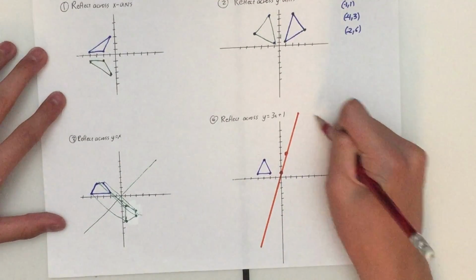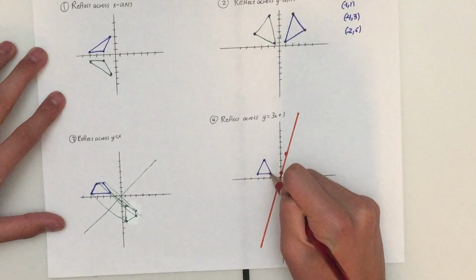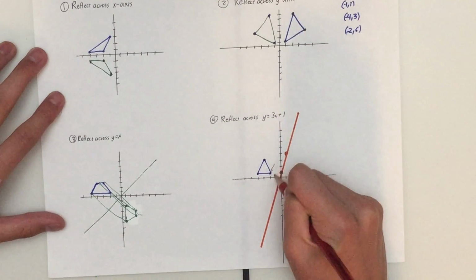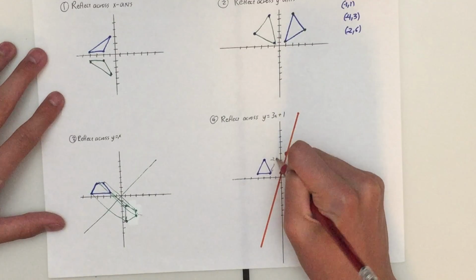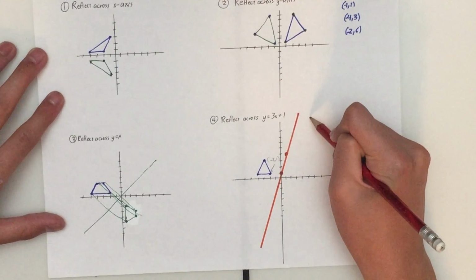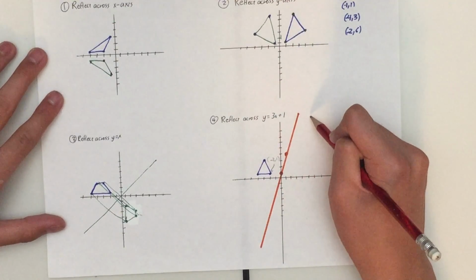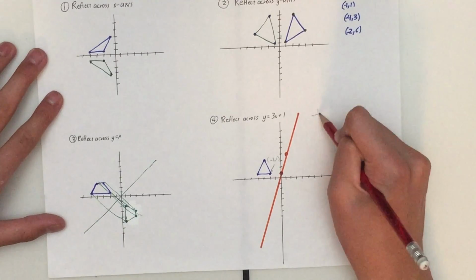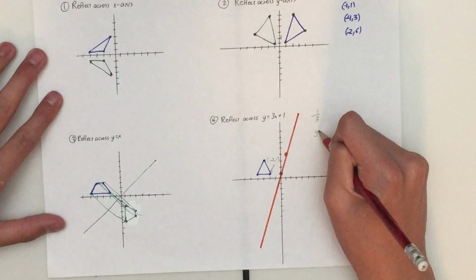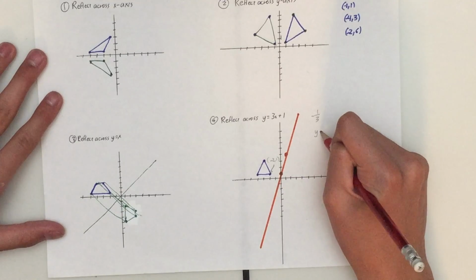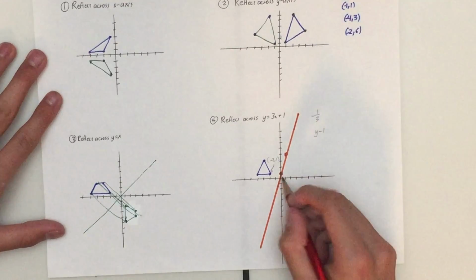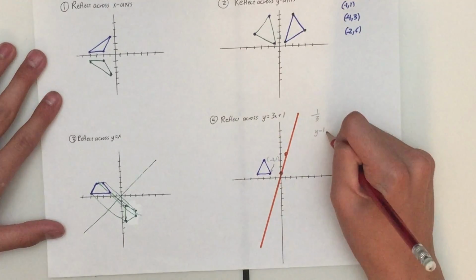So let's start with the slope. Let's just choose one point right now. So this point right here, that point is (-2, 1). So we know that the slope is 3, so the perpendicular slope would be -1/3. So let's just use the point-slope formula in order to find the line that this has to be on.